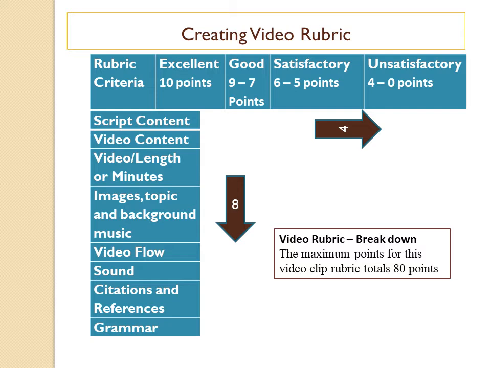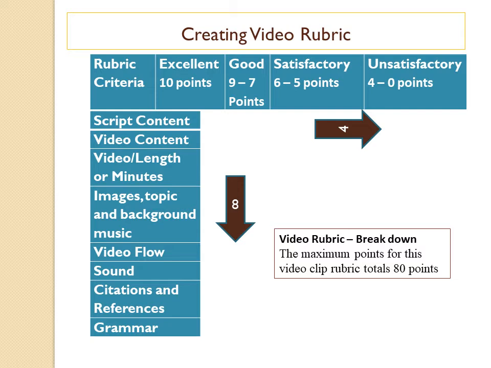The rubric on the top with the arrow going to the right shows the performance levels, which are excellent, good, satisfactory, and unsatisfactory.